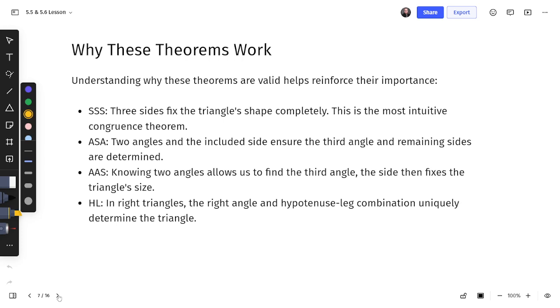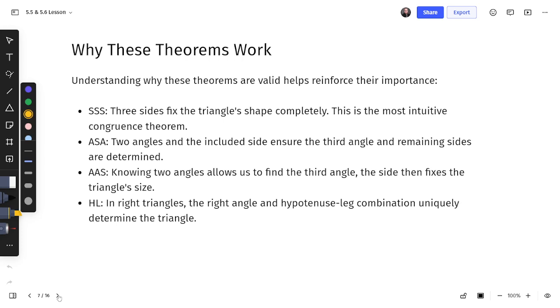So a little bit about why these theorems work. Understanding why they're valid helps reinforce their importance and why we can use them the way that we do. The SSS theorem is pretty intuitive. 3 sides fix the triangle shape completely. If all the sides are the same, then they have to be congruent.